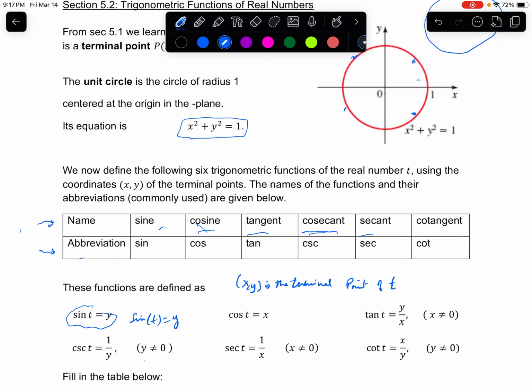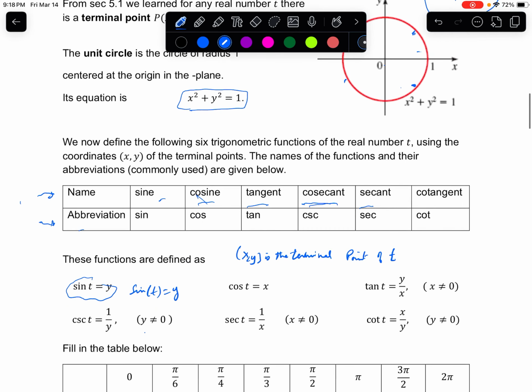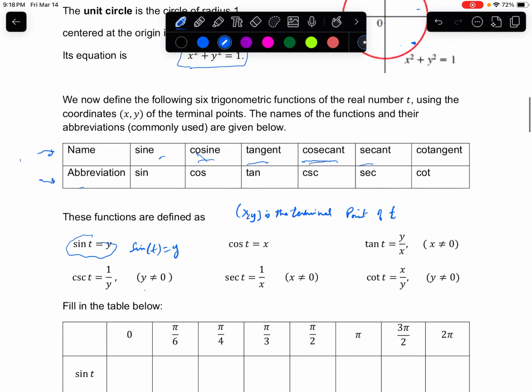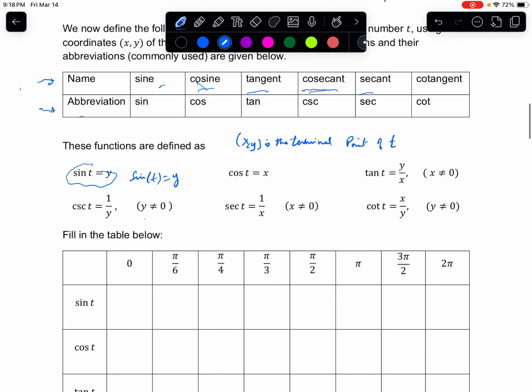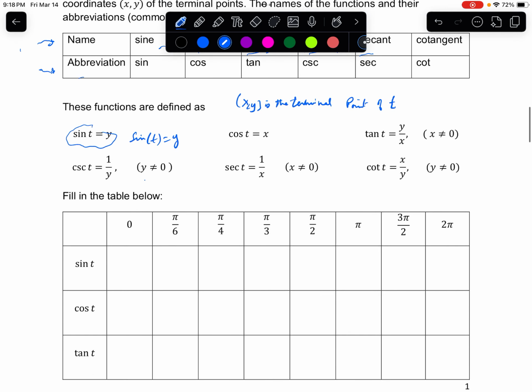So if you know the terminal point for a real number t, then you should be able to write all these 6 trigonometric functions. Here are some of those t values that you saw in section 5.1.